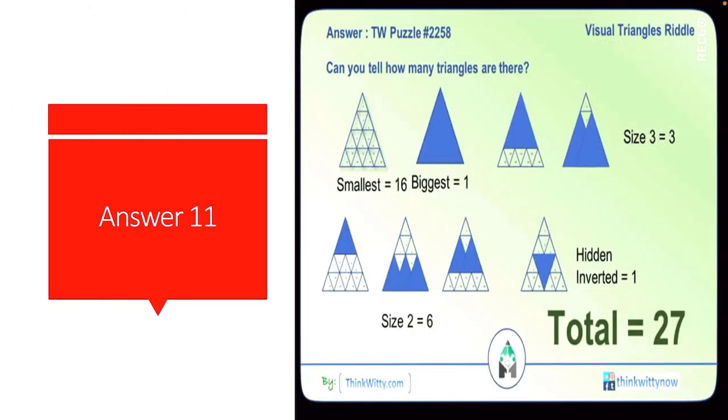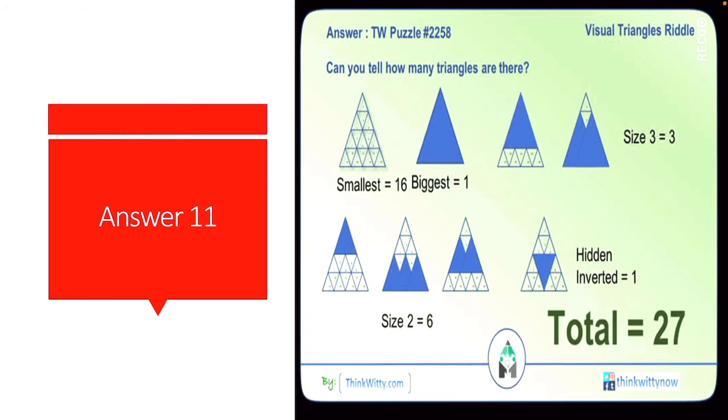Okay. See, here is the solution. You have to first count the smallest triangles, which is 16, plus one biggest, then it will be 17. Then for size 3, you have to include the 3 steps of triangles, that becomes one triangle, and from the bottom it becomes 2 triangles, so it becomes 16 plus 17 plus 3, that is 20.